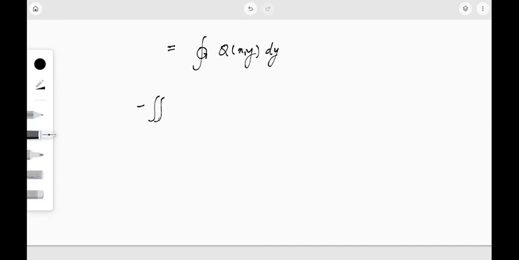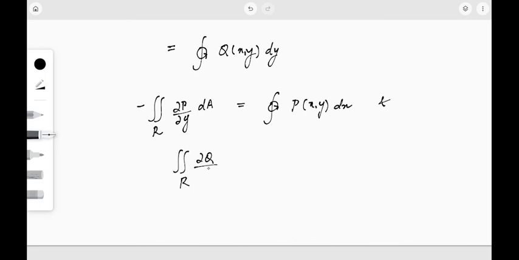Okay, so let me just write what we had obtained. We had obtained minus of double integral over r dou p by dou y into dA is equal to the line integral over the closed curve p of x comma y dx, and double integral over r dou q by dou x into dA is equal to line integral over closed curve c into q of x comma y dy. So if I add these two equations, what do I get?